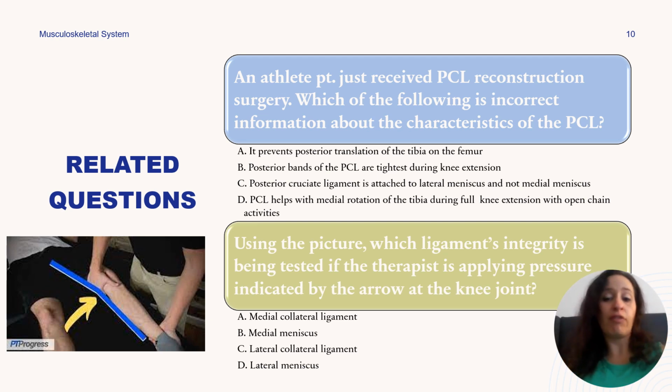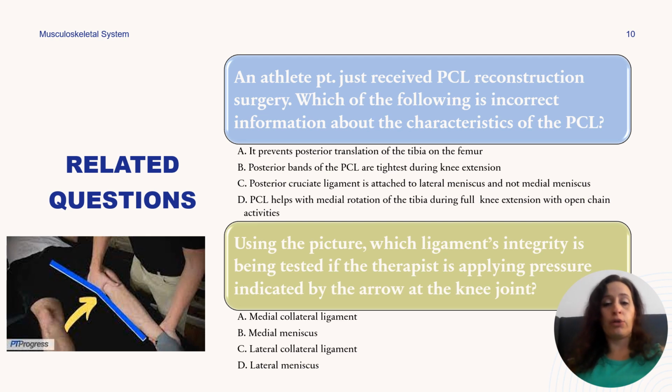Now, that's a very involved question if you don't remember that stuff. But again, questions can come at you in many forms. I hope that you have enough information somewhere to at least rule some things out to give yourself a better chance. Okay, and then the next question says, using the picture, so I gave you a picture.